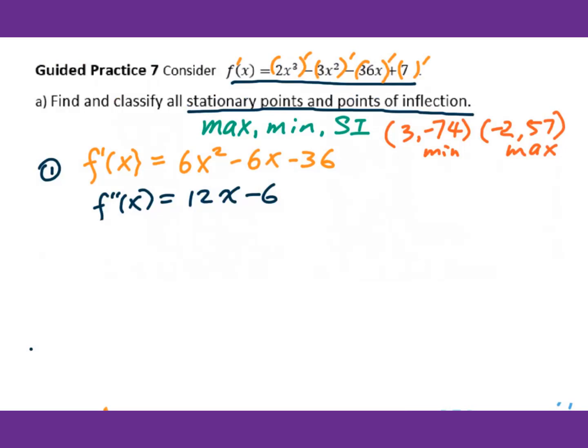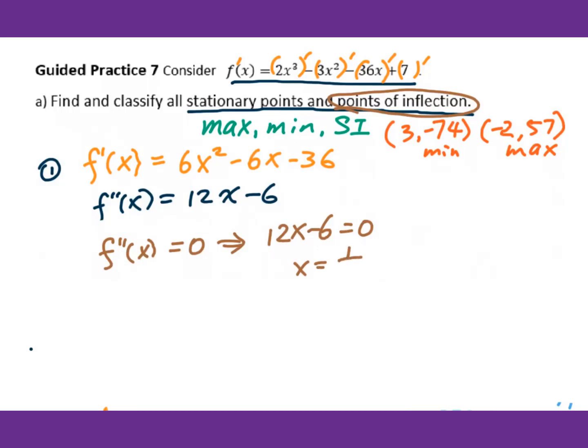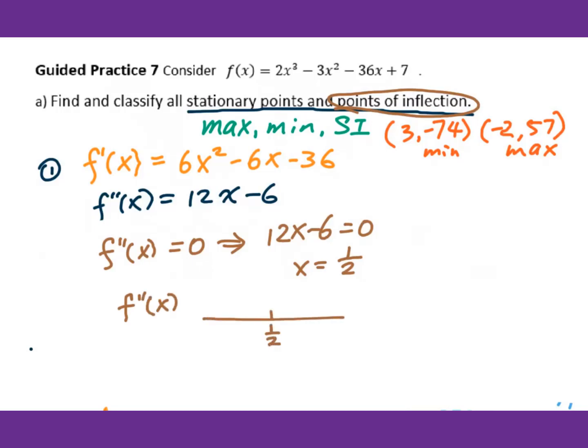Now let's find the points of inflection, which means you have to set the second derivative equal to 0. 12x minus 6 equals 0, so x equals 1/2. Let's check the sign diagram. We have 1/2.